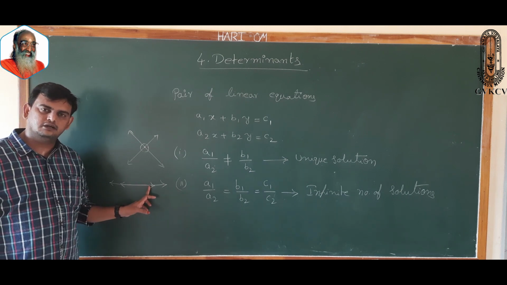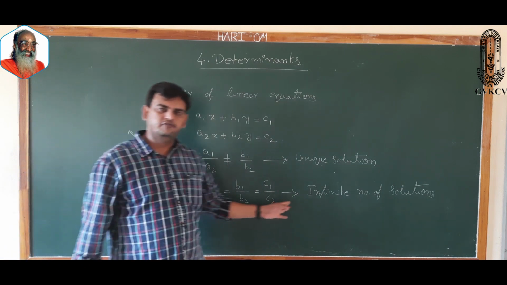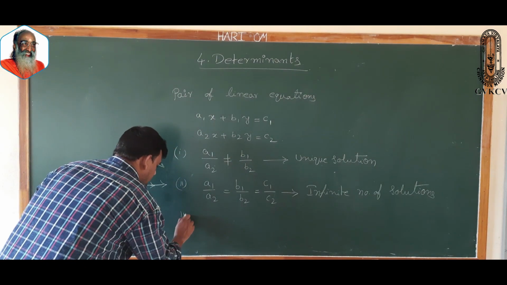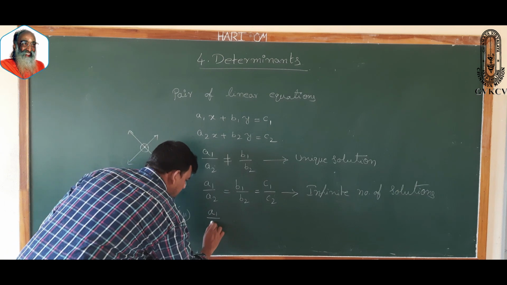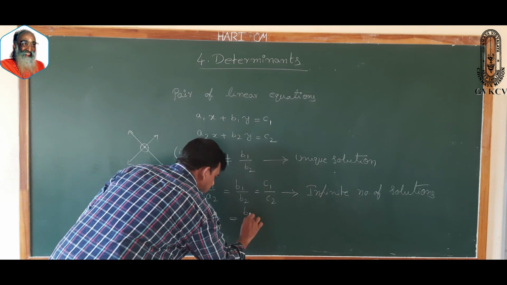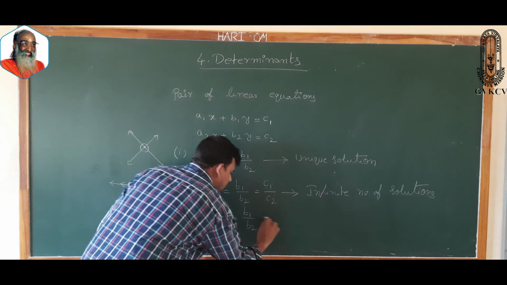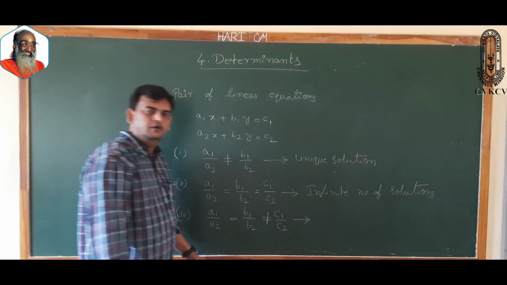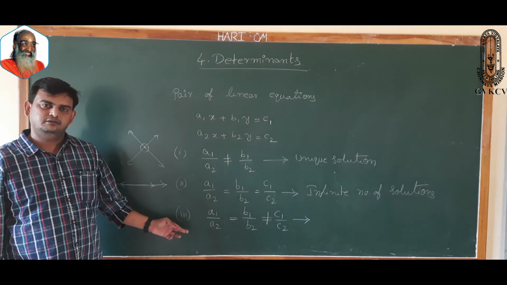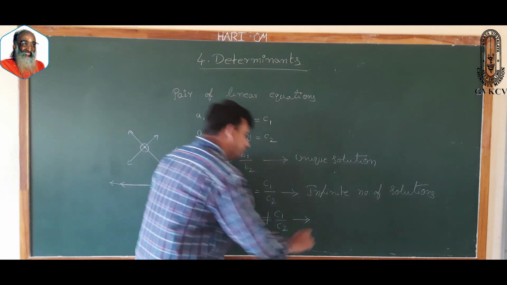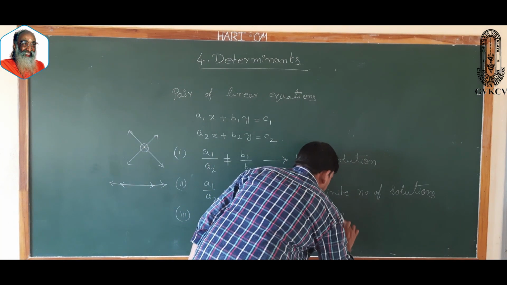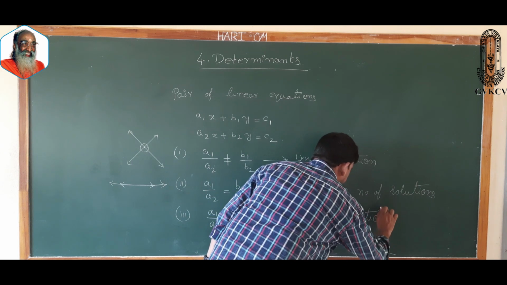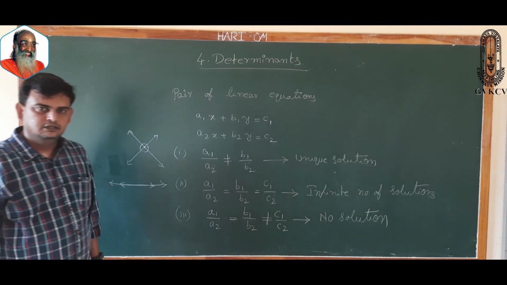When these two lines are coincident, you have an infinite number of solutions. And the last condition is a1 by a2 is equal to b1 by b2 is not equal to c1 by c2. When we get this condition, we have no solution for the given lines.